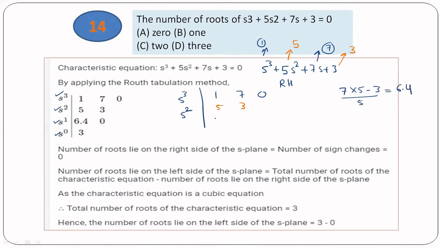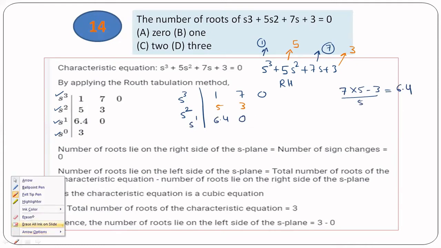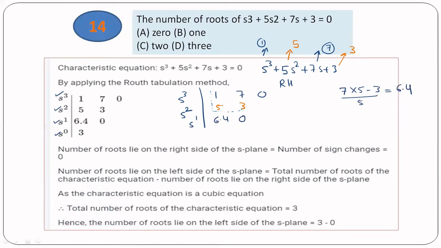That is how 6.4 is obtained. Since we don't have any of the remaining terms here, it will be equal to 0. To obtain the first solution, these terms are used: 1, 7, 5, 8. Now we have to solve for the next one.